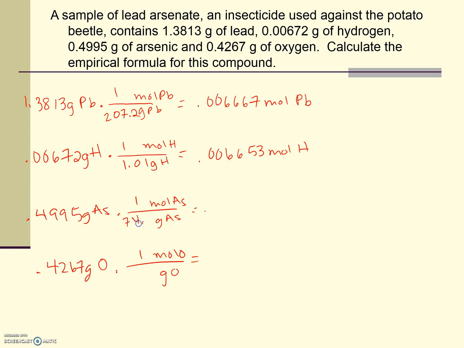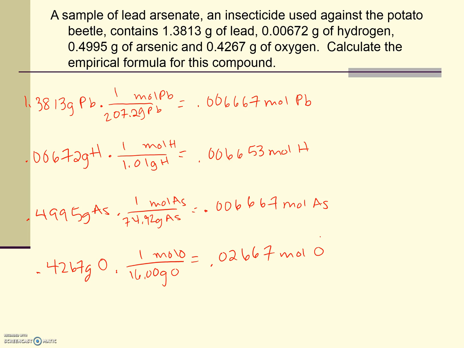This is 74.92, and this is 0.006667 moles of arsenic. And here we have 16.00, and we have 0.02667 moles of oxygen.